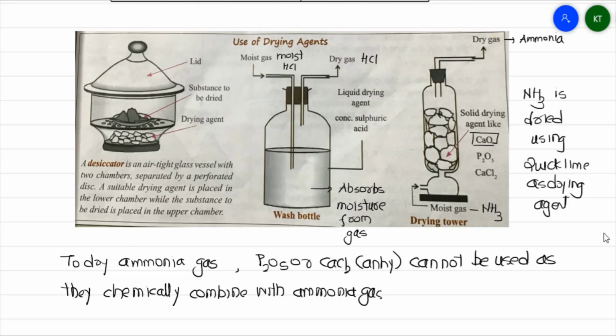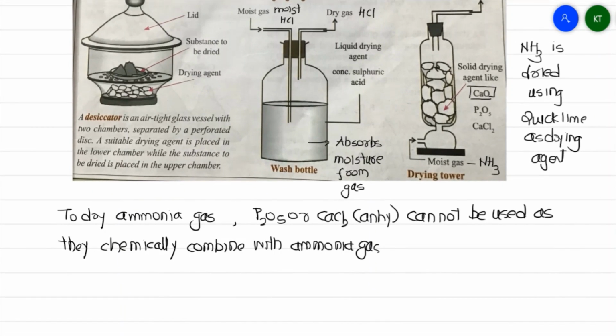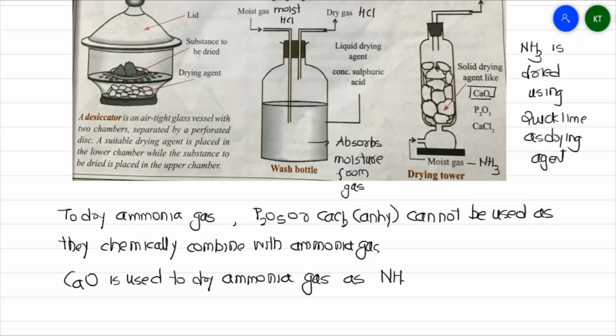In this particular case, I am using calcium oxide. Calcium oxide is used to dry ammonia gas as NH3 is a base and CaO is basic in nature.